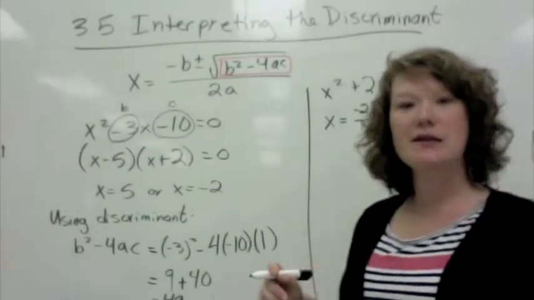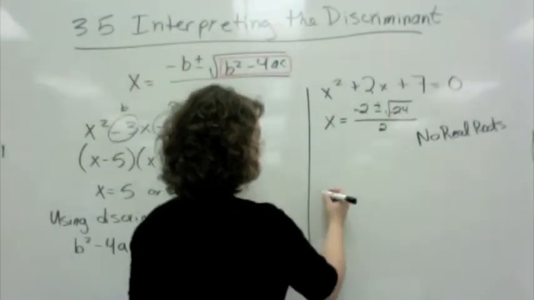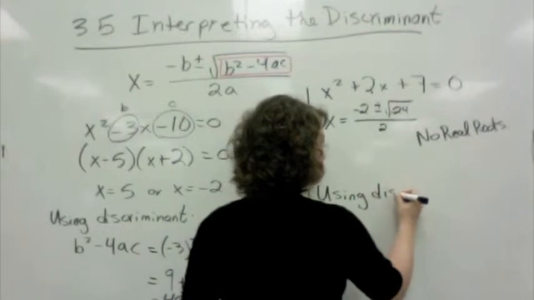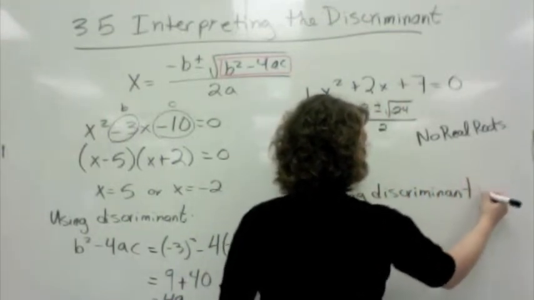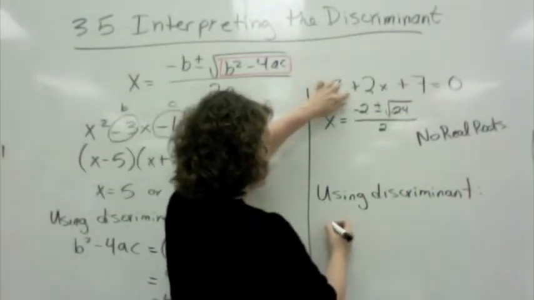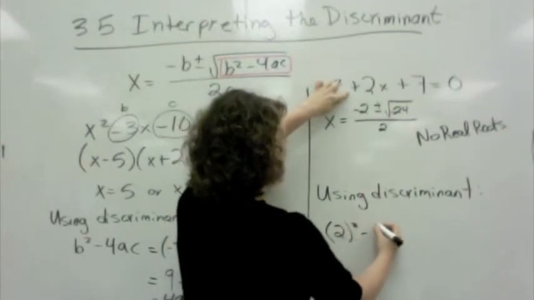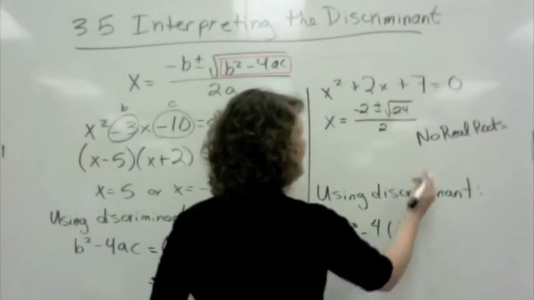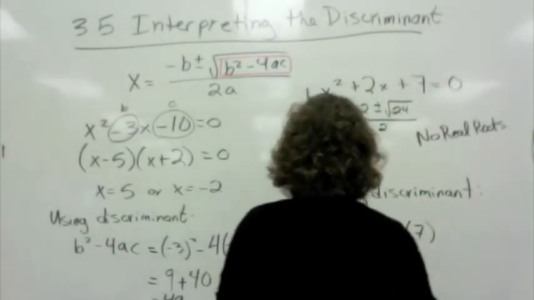We can use the discriminant to decide that already. So using the discriminant, I'm going to say b squared, which is 2 squared, minus 4 times a, 1, times c, 7.